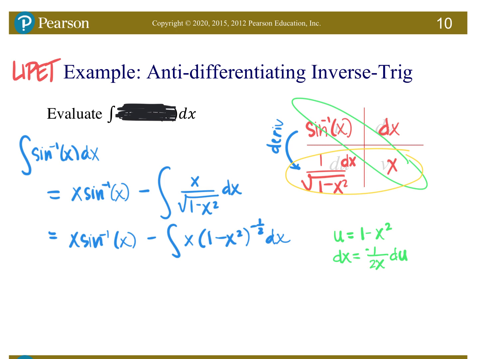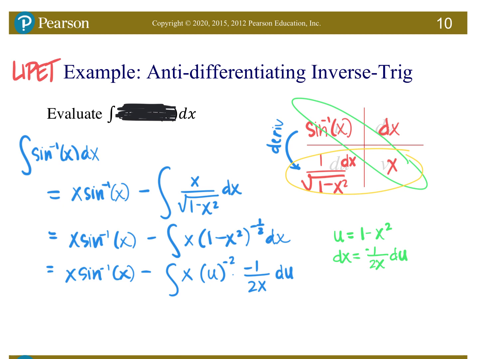All right. So it builds. The skills you learn are not isolated. So in parentheses, I replace u. And the dx at the end, I replace with negative 1 over 2x du.